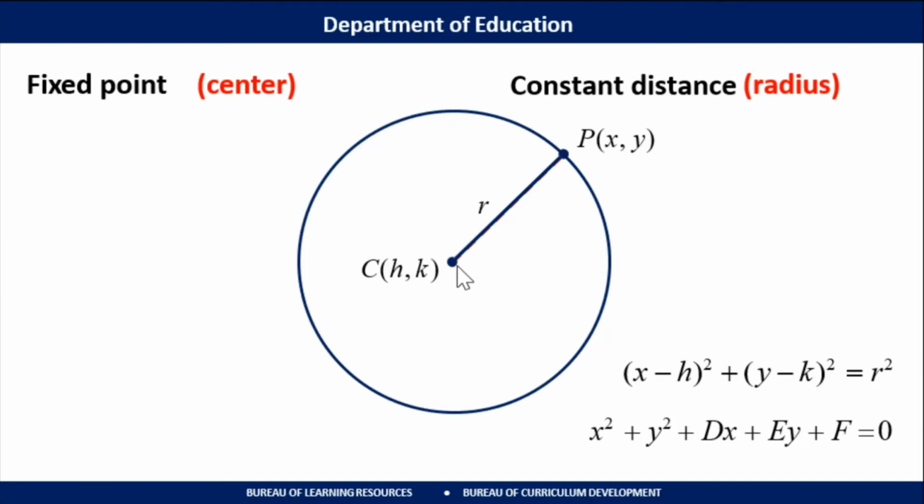So, this is the center, and this point is any point on the circle. So, this is the standard equation of the circle. So, x minus h quantity squared plus y minus k quantity squared equals r squared. And this one is the general form of a circle. So, x squared plus y squared plus dx plus ey plus f equals 0.